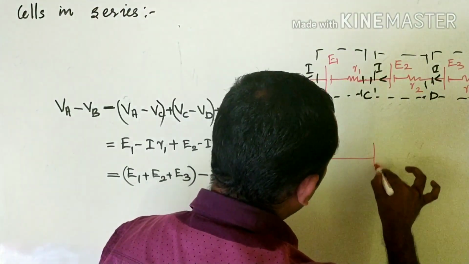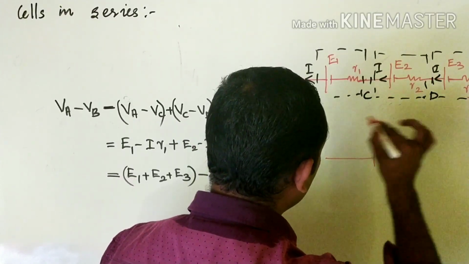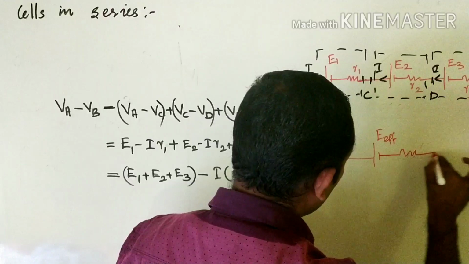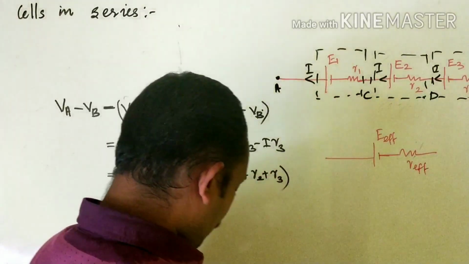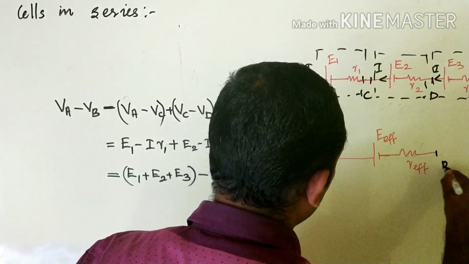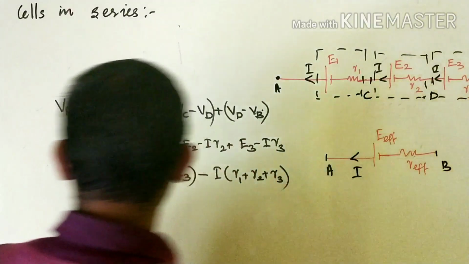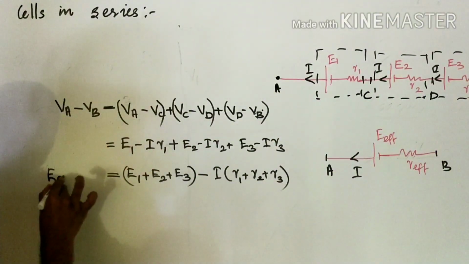Now let me replace this combination with a cell of effective EMF E effective and effective internal resistance R effective. Then I can say that this is again A, this is B, and the same current I flows, which means the left side of this equation becomes E effective, right?